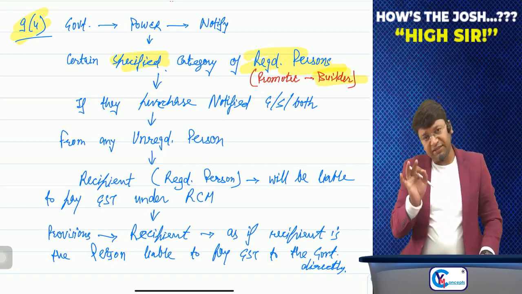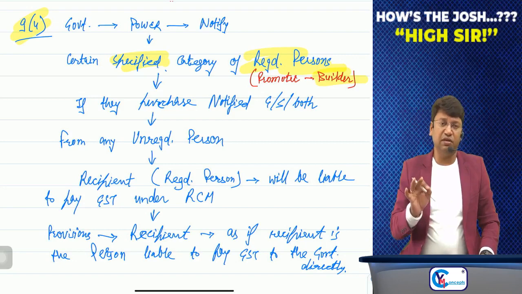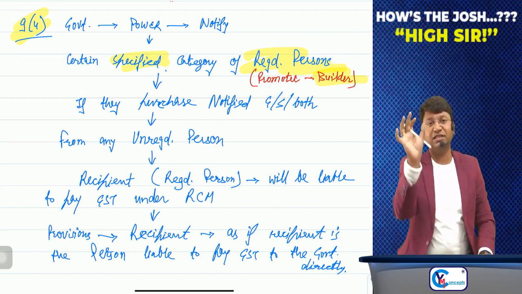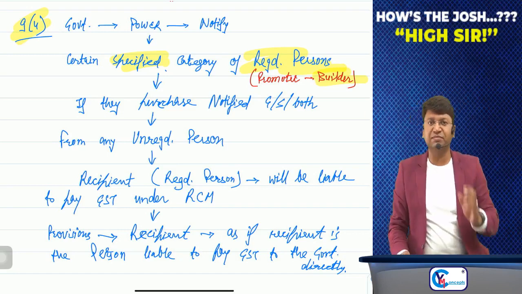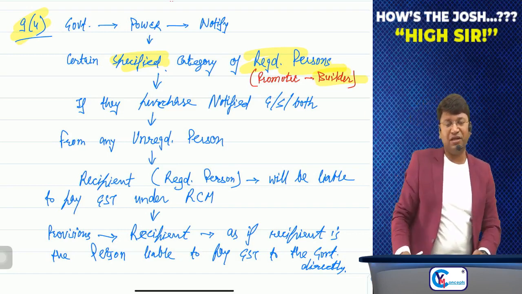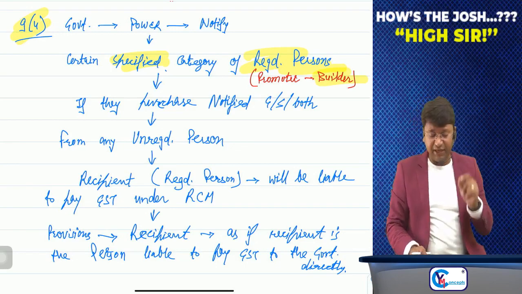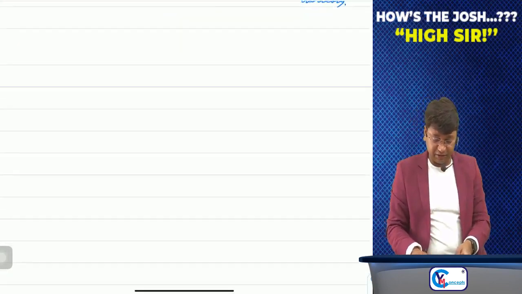Okay, and again this section we will discuss in detail, and notified category of goods or service will also be discussed in chapter number 7. A separate chapter is given regarding reverse charge mechanism and electronic commerce operator. Sir, we will discuss in chapter number 7 separately. Okay, done. This is section number 9 subsection 4.